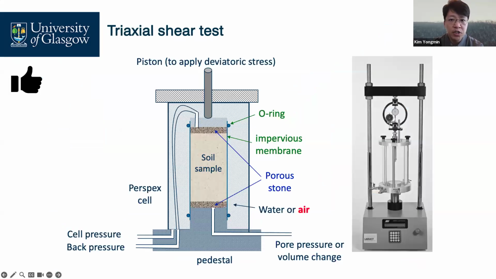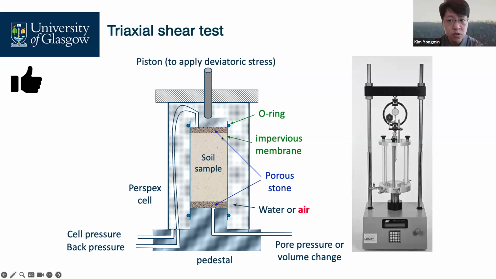This is the triaxial test configuration. Just take a look. This is our soil sample. How many openings do we have around the soil? Opening means valve. First one is the pore pressure valve, right? We close this valve and apply load.